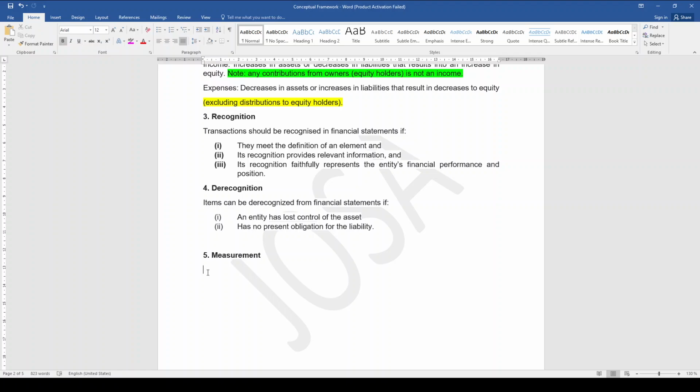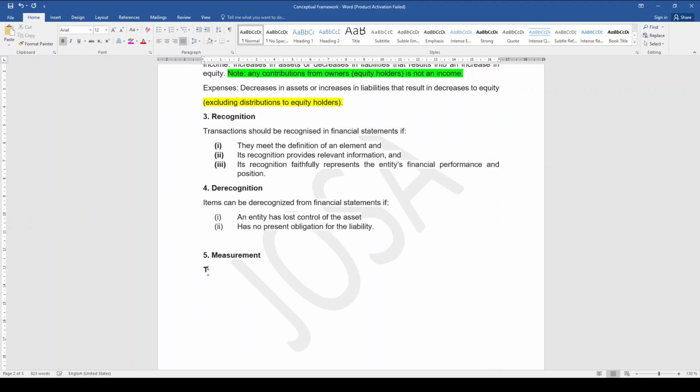Under the historical cost basis, we look at the initial amount that was incurred when securing control over this asset. Then under the current value method, the standard says we can use the value in use method, we can use the fair value method, or we can use the current cost method.